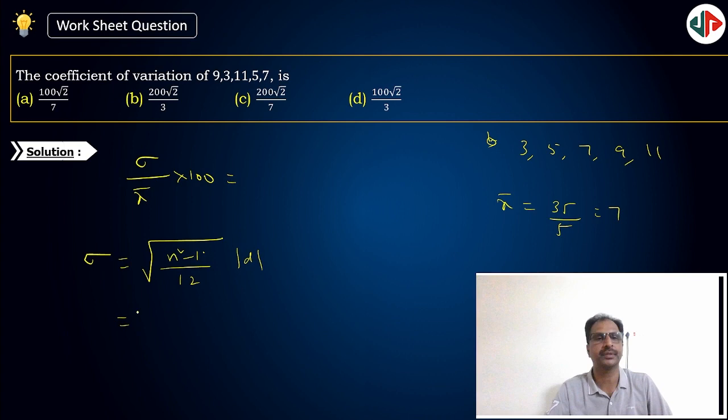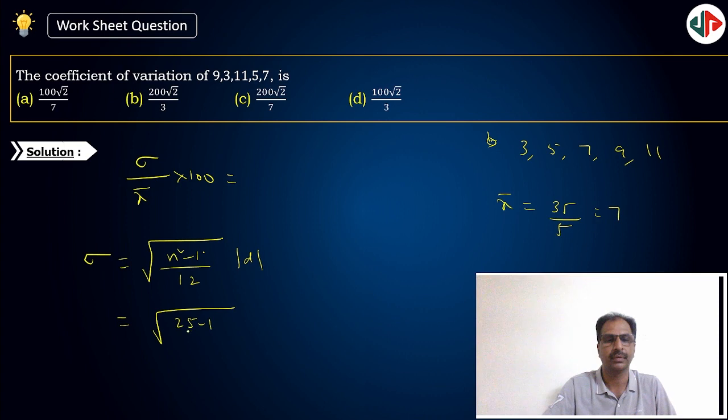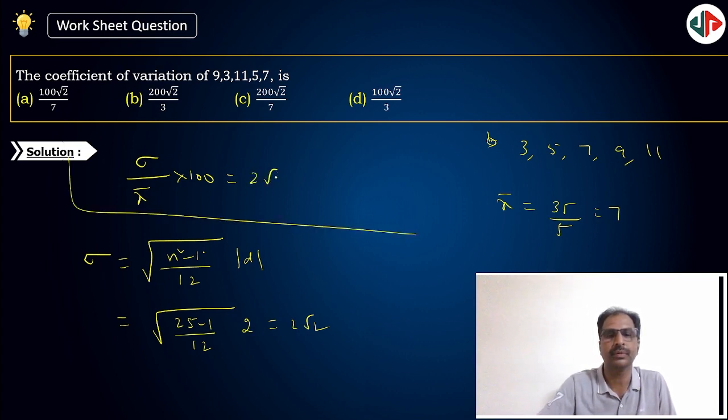This is the formula for standard deviation of numbers which are in AP with common difference d. So here n is 5, common difference is 2. So this is 2 root 2. So what is the final answer? 2 root 2 by 7 into 100, which means 200 root 2 by 7, option C.